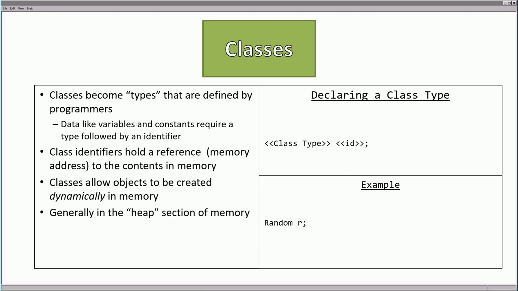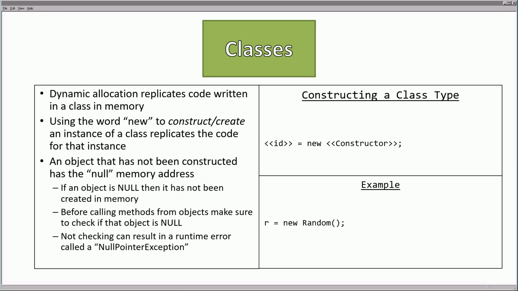In a previous lecture, we discussed that there are different sections of memory for a process. One section is called the call stack, and that was discussed in a previous lecture. Another section is called the heap, and this is generally where these classes are dynamically created. Dynamic allocation replicates the code written inside of the class in memory.